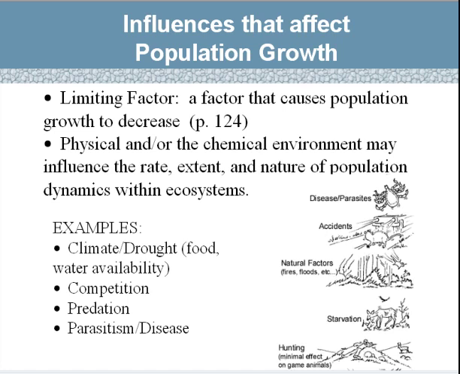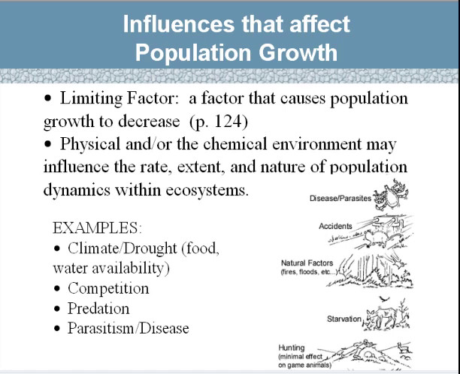If there's no water available, that will definitely limit how many species can survive. Competition between organisms, the idea that some organisms will compete for resources, those that are best able to survive will be the ones that will continue to populate.